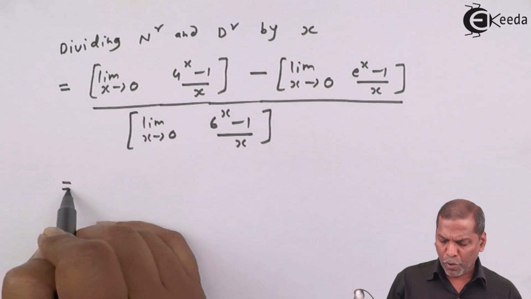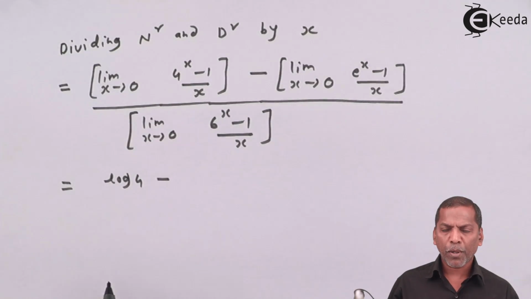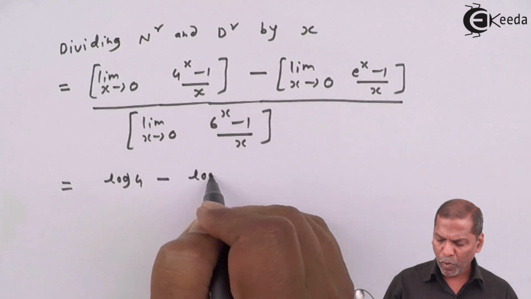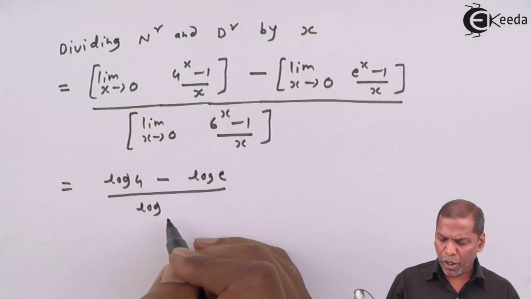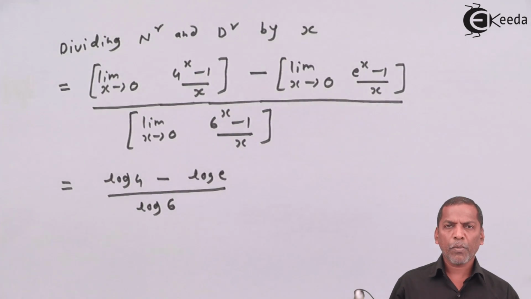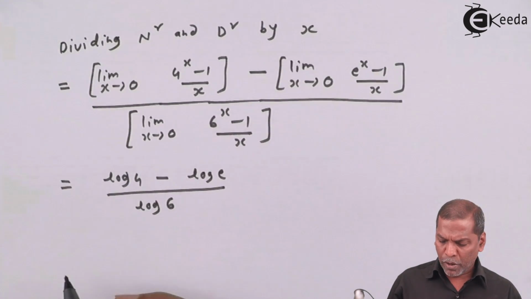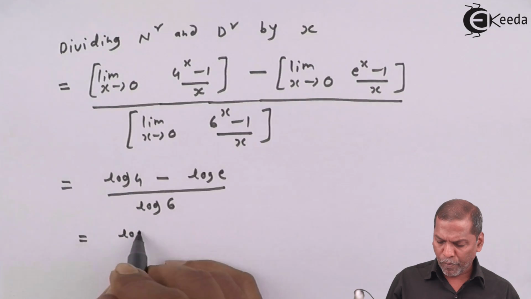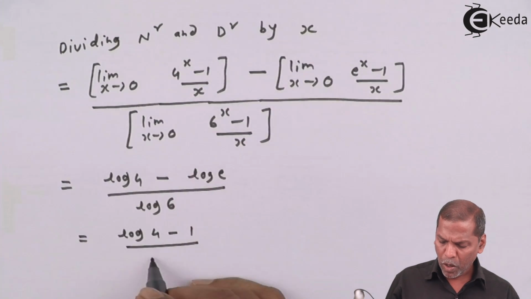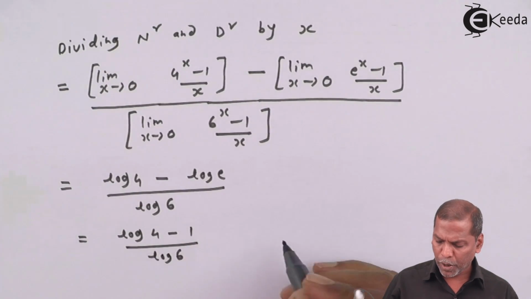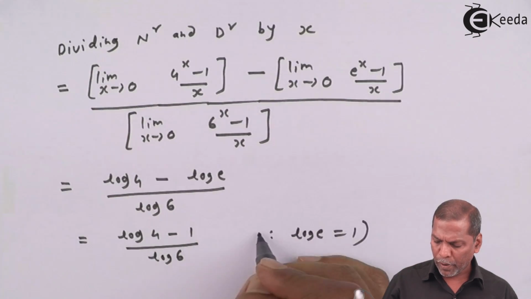Now by using the limits rule, the first bracket gives answer log 4, minus the second bracket gives answer log e, upon the third bracket gives answer log 6 in the denominator. Since log e means 1, we have the answer log of 4 minus 1 upon log 6.